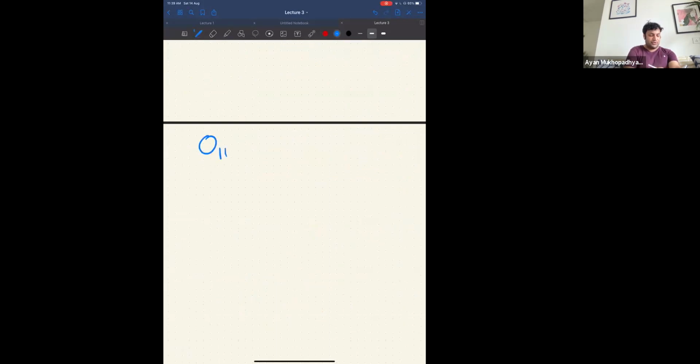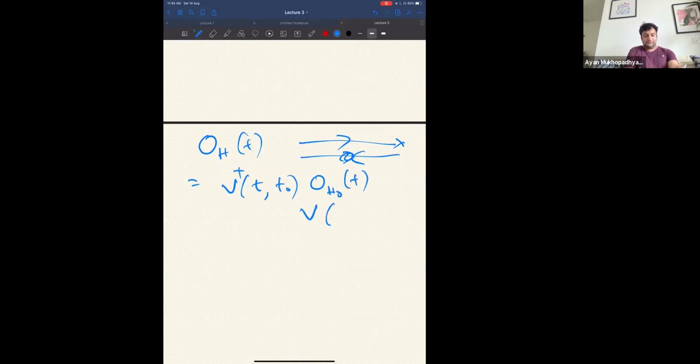So O_H(t) is again this diagram. Sorry, it is V dagger(t, t naught), O_H0(t), and V(t, t naught), right?